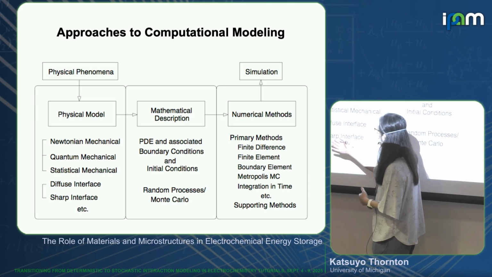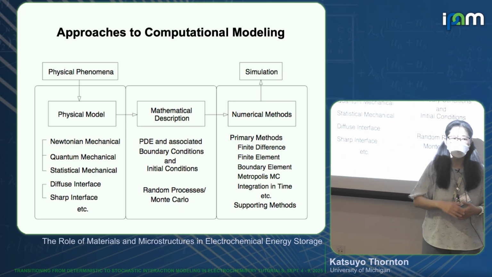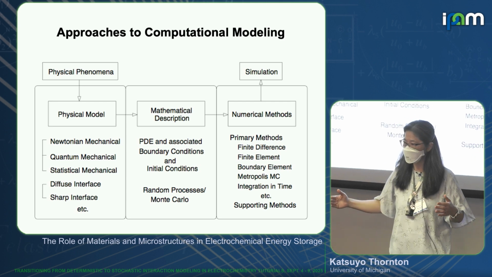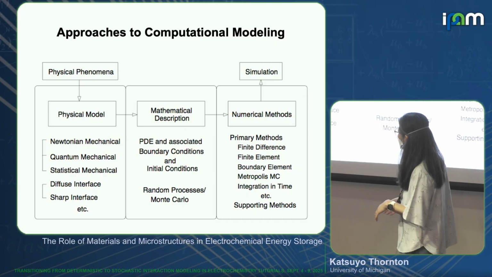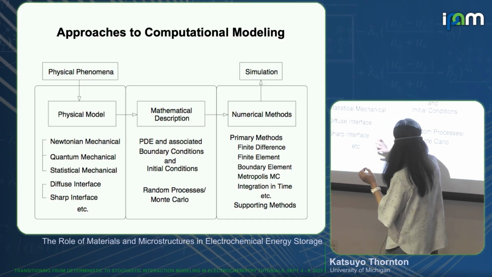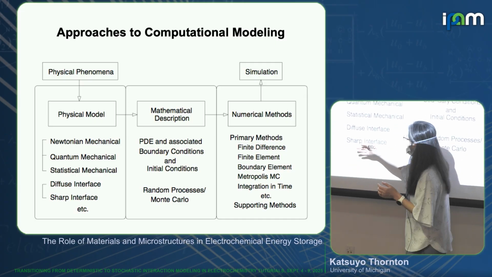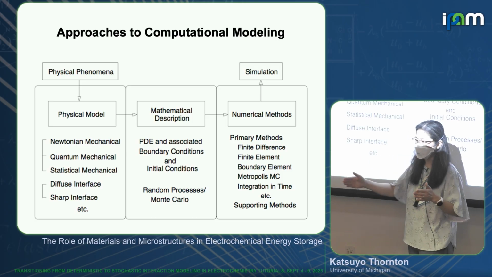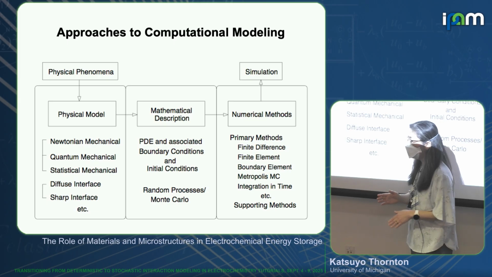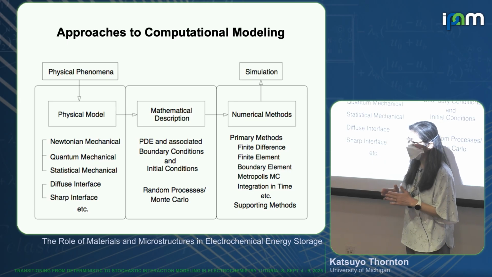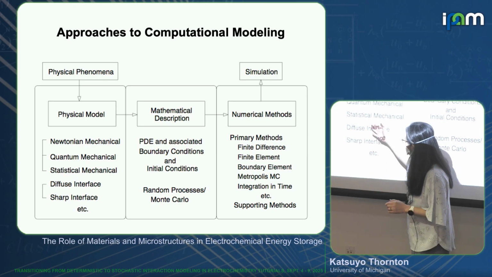You can do this with something called sharp interface method, in which case you grid up the interface in a discrete way. It's a dividing surface that is infinitely thin, and you have to resolve it.